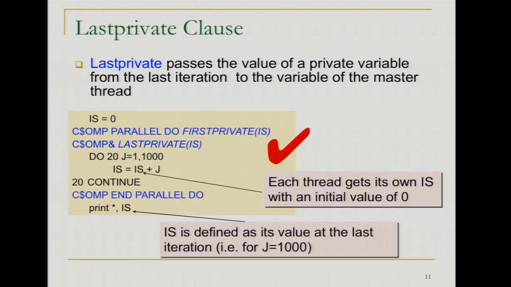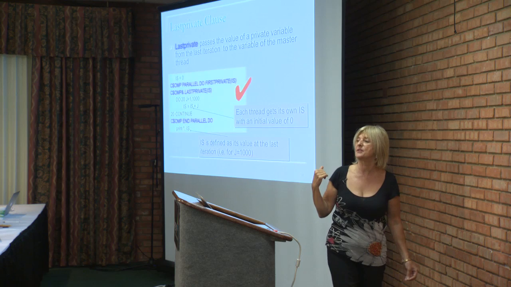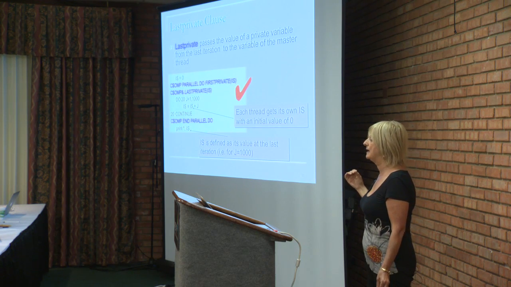However, there is another clause called lastprivate. Lastprivate means that after the parallel region has ended, the variable in the master thread with the same name, the thread that continues at the end, will have the value that it would have had in the last sequential execution. Here it would be the value obtained when j equals 1,000, the very last value.